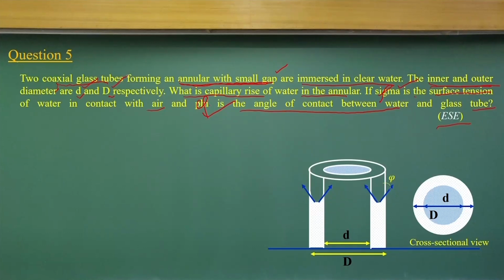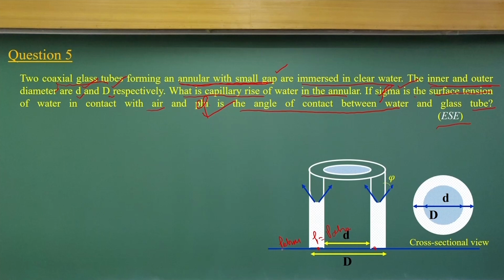There is a very easy concept, as we derived in the theory classes: whenever you put small annular tubes in a liquid, outside you have P equal to atmospheric pressure, and here also you will have P equal to P atmosphere, because when fluid is at rest, in any horizontal plane the pressure should be equal.